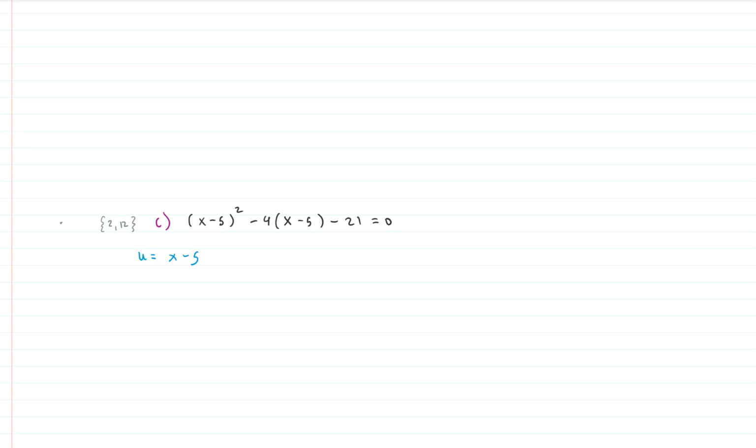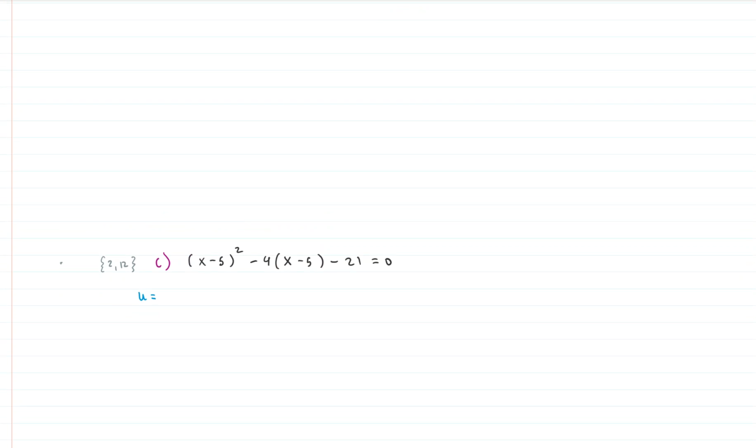The thing that's in the linear term, the one in the middle, is usually what we choose as the substitution. Just a little hint there. That's very often the case. And I'm going to rewrite that x minus 5 just because I think it looks terrible.